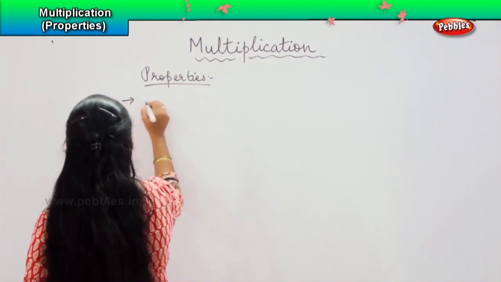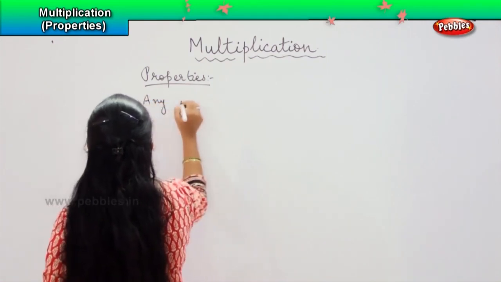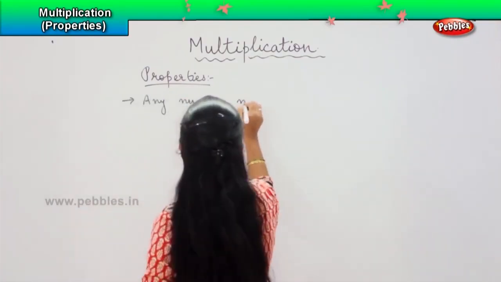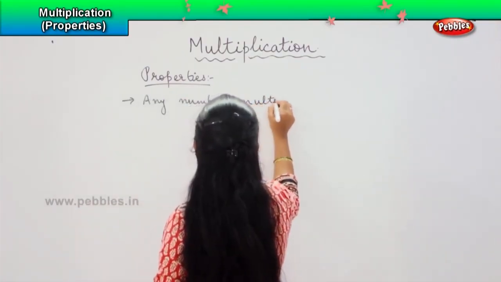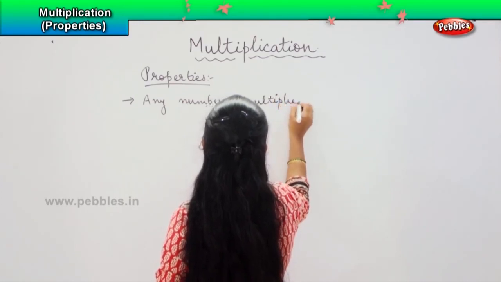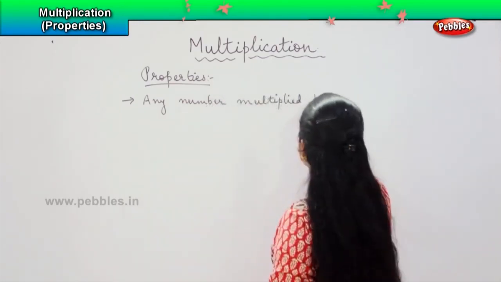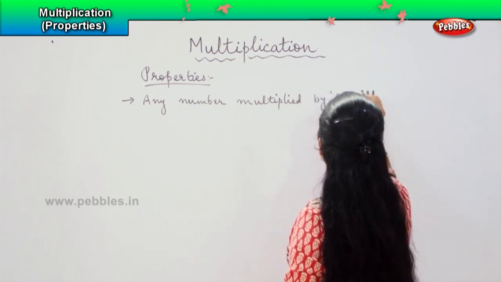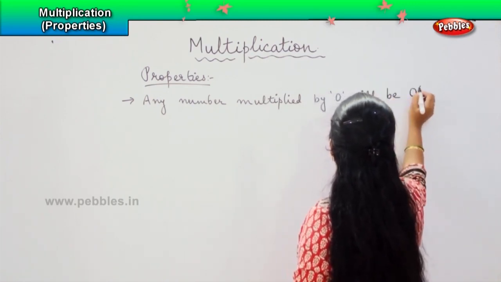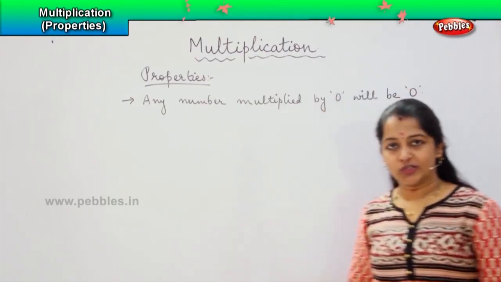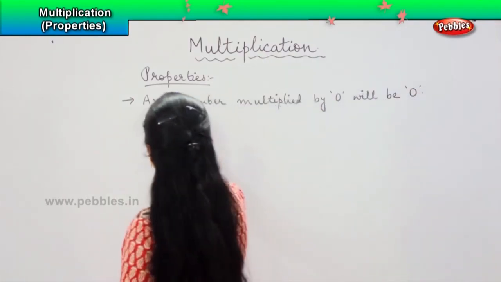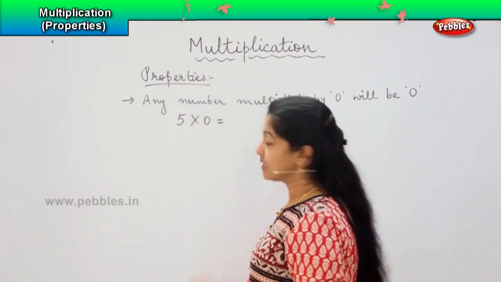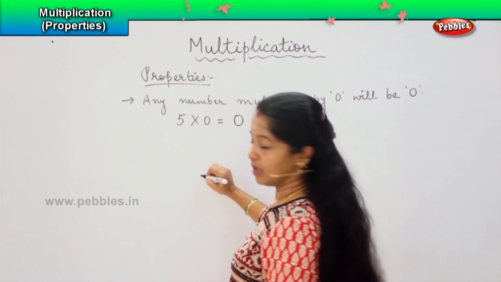The first point is any number multiplied by 0 will be 0, which means that if I multiply 5 into 0, my answer will be 0.